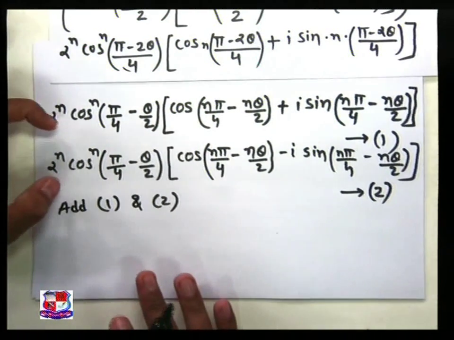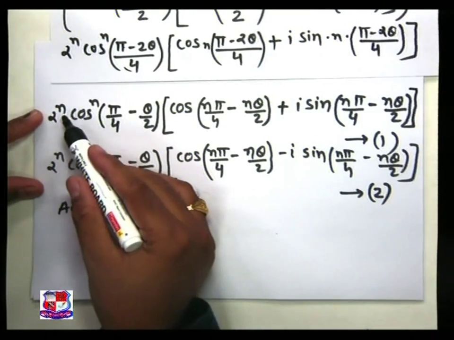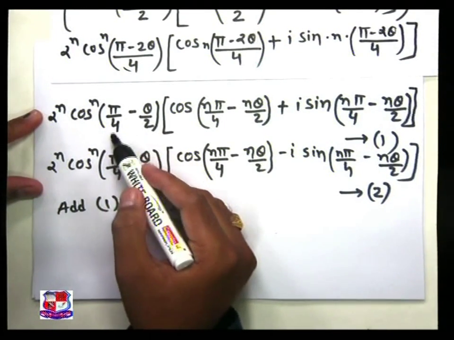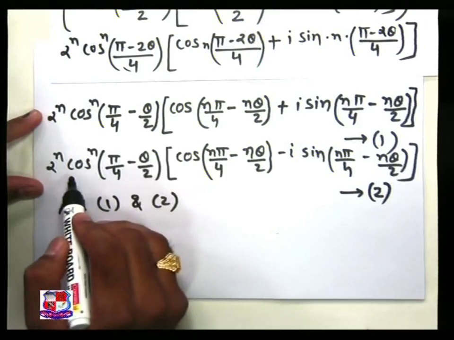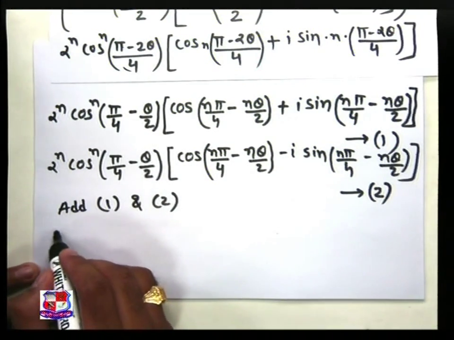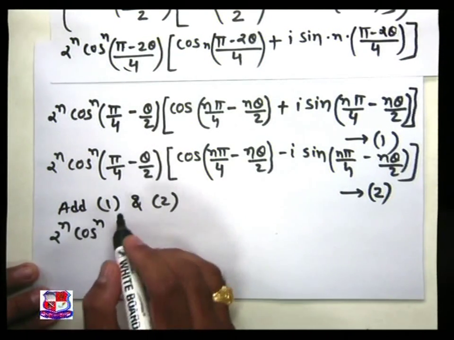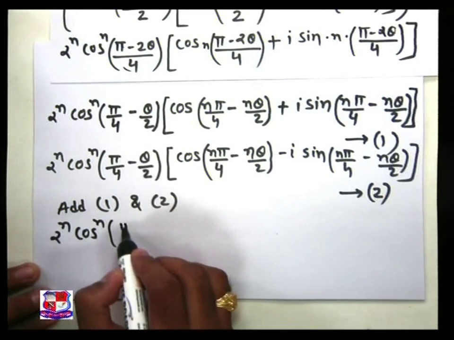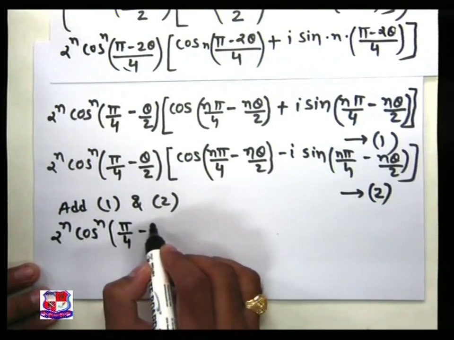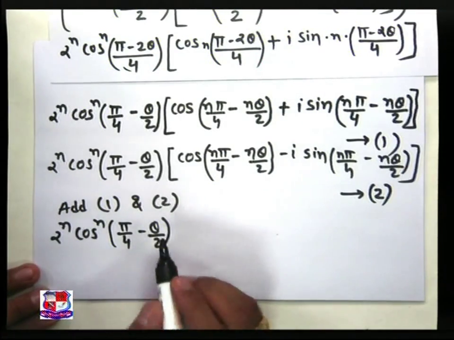If we add these two terms, then both terms contain 2 raised to n cos raised to n of pi by 4 minus theta by 2. Here first term and second term, so we take common out, that is 2 raised to n cos raised to n of pi by 4 minus theta by 2 as it is.